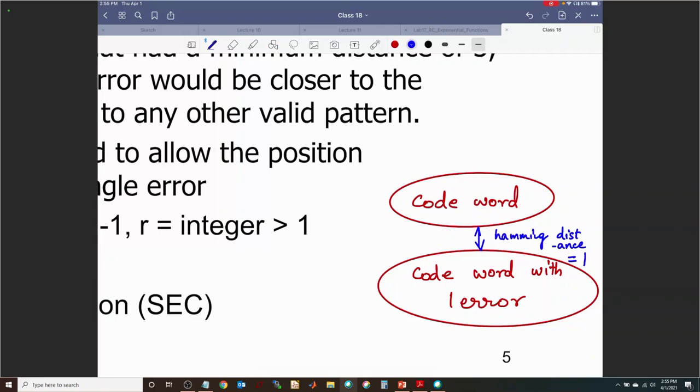So you see here, between the code word and the code word with error, the Hamming distance is 1, which means that it is still closer than to any other code word, right? So if I draw another circle here and say any other code word, what is the distance there?